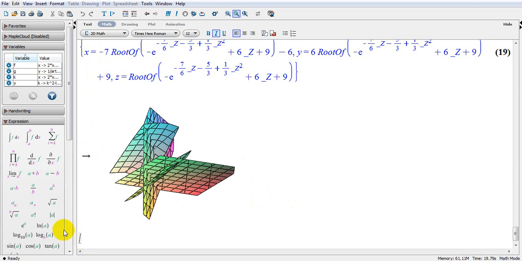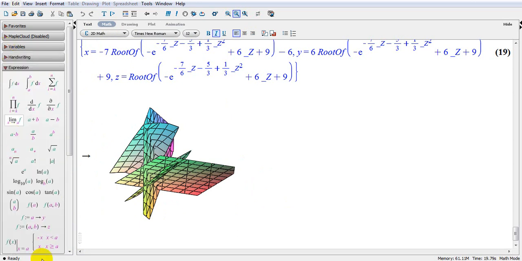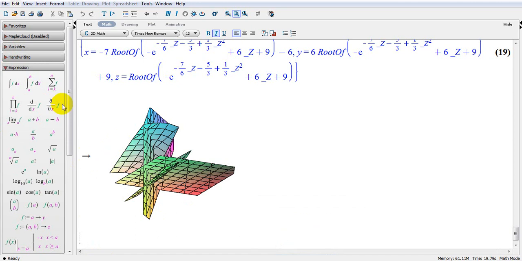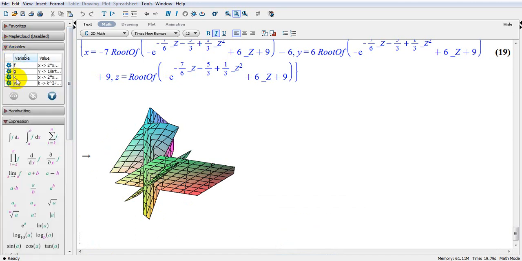They have more features in this. One thing I would like to explain, which we didn't talk about in the very first screencast, is this variables section. What Maple does is keep a record of all the variables and functions you have introduced. So if I go to variables here, these are what we have.